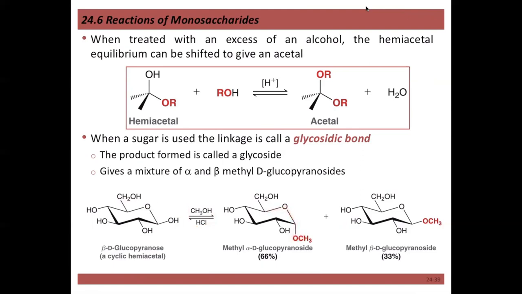Notice we actually get both anomers. And in this case, we actually get the alpha anomer a little bit more. This is a more advanced topic, but it's referred to as the anomeric effect. So we don't always get the equatorial. There is some electronic interaction with this carbon here.